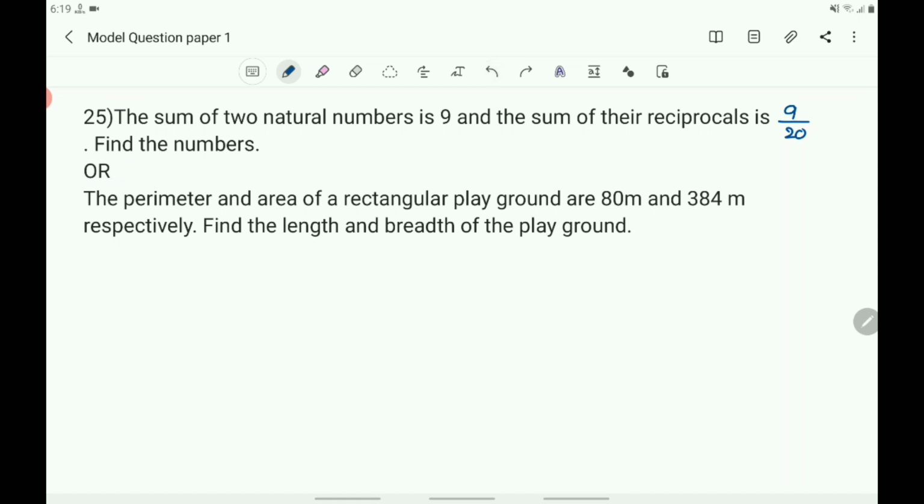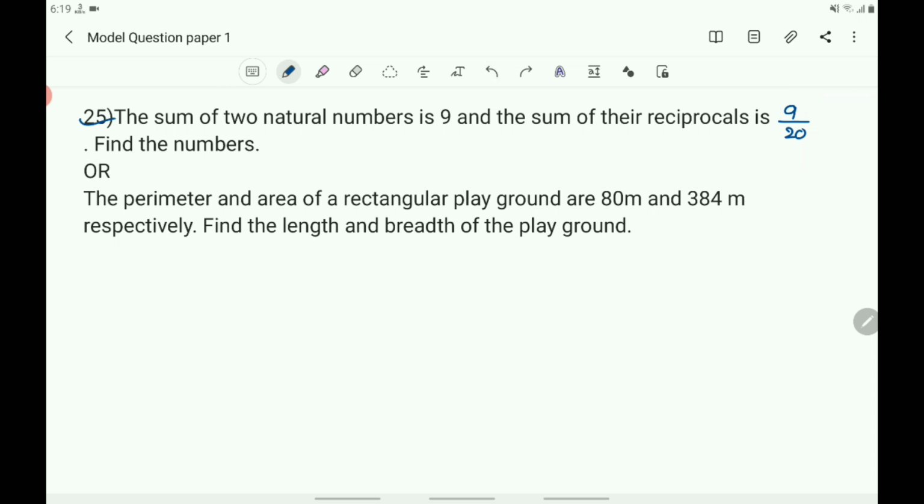Now you take the first question, that is, the 25th question: the sum of two natural numbers is 9 and the sum of their reciprocals is 9 by 20. Find the numbers. Here two numbers are there. Their sum is 9 and the sum of the reciprocals is 9 by 20.